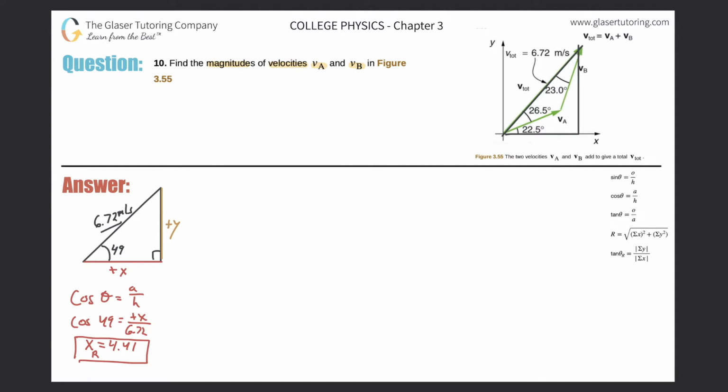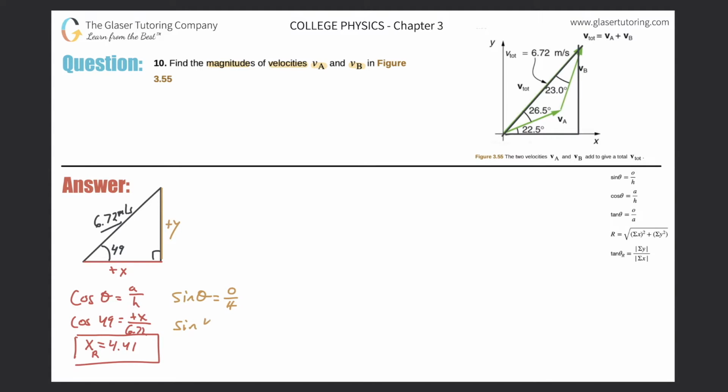Now, how about solving for the y component of the resultant vector? Well, we know the hypotenuse, and we know an angle that is opposite of the side of interest. So that means we can use the sine function. The sine of theta is equal to opposite over hypotenuse.